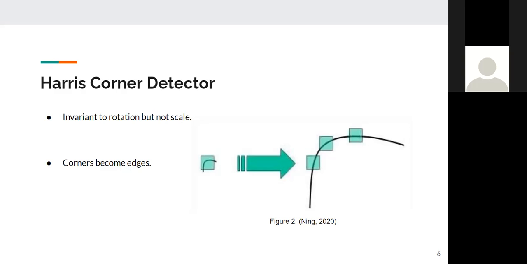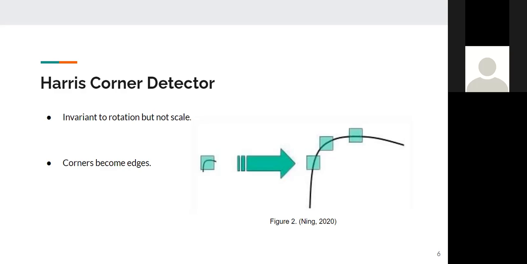The Harris corner detector is a feature detector which is invariant to rotation but not scale. We have two objects shown in the figure at different scales. One object is smaller and one is larger. Each object has equal sized windows used to detect features from the object, so feature matching could be conducted.